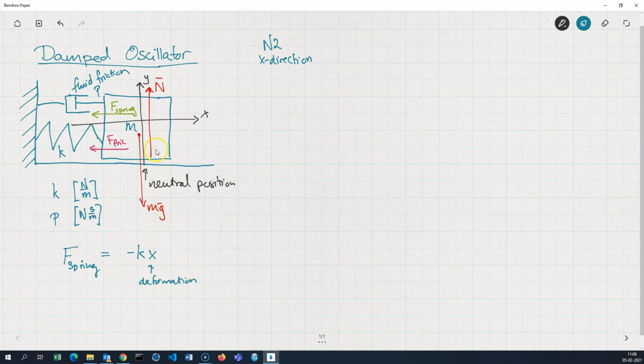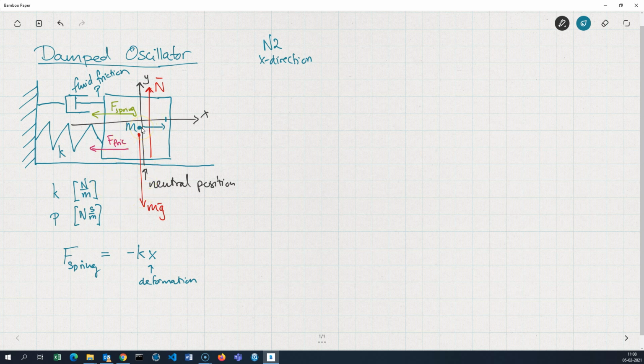If I stretch the spring, the position of the box will be at a positive x coordinate. Let's say here, if I stretch the spring, I pull the box out so that the center of mass moves over here. x becomes a positive number, and the spring force is then a negative number, meaning that it works in the negative x direction.